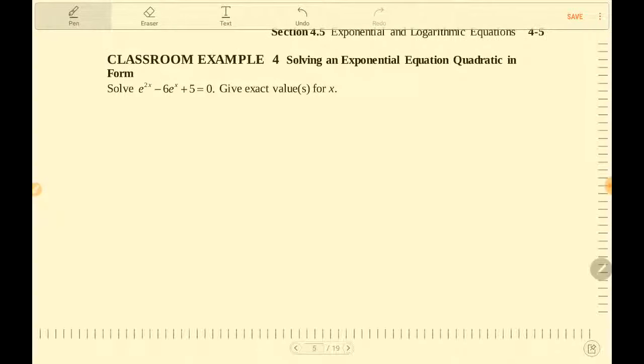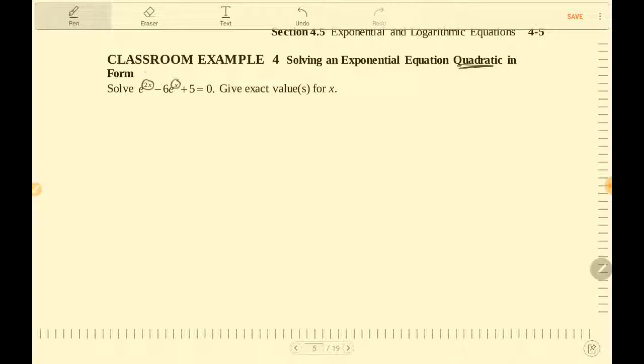All right, so for this one, it's very special. It says it's quadratic in form. Would you have noticed that on your own? You want to get into the habit of being able to tell. Now, a giveaway is that it's 3 terms. Usually with these problems in this section, if you see 3 terms, it's probably going to be quadratic in form.